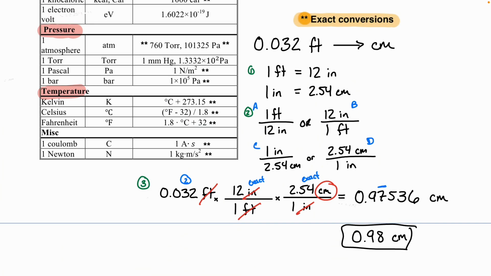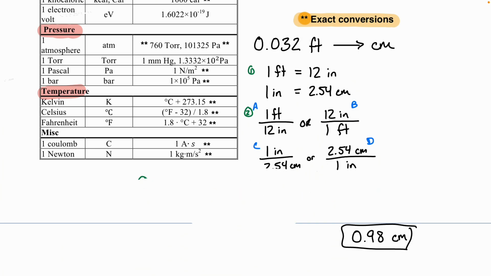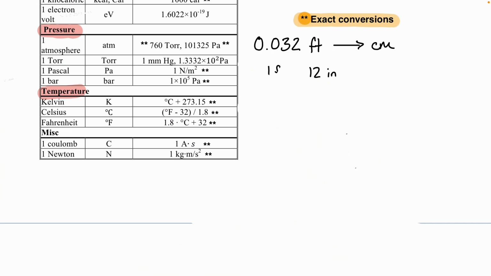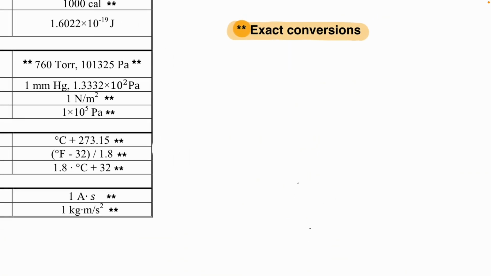Okay. Another sort of tricky unit conversion problem would be if we had mixed units. So density, for example, the quantity that we'll talk about later in the semester, has these mixed units like 4.5 grams per milliliter.